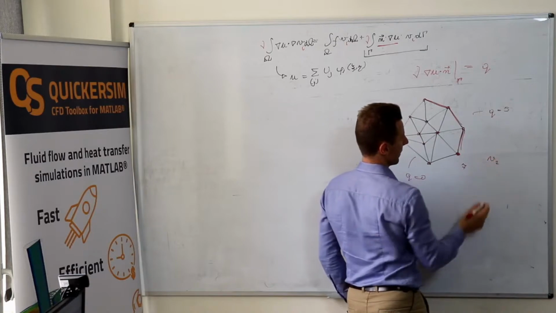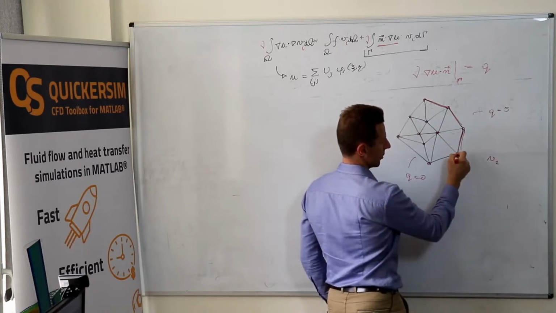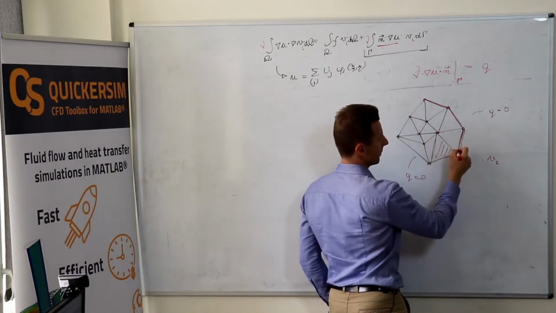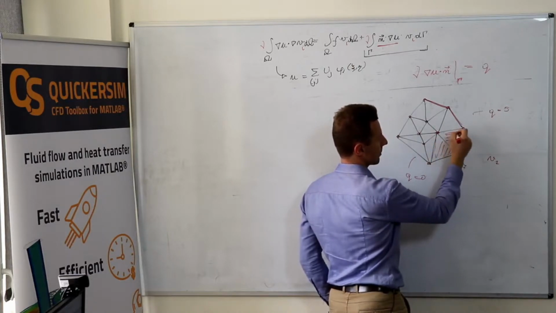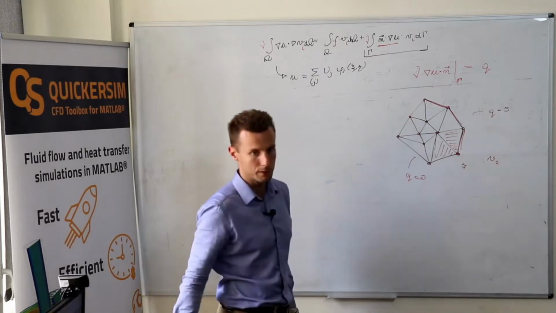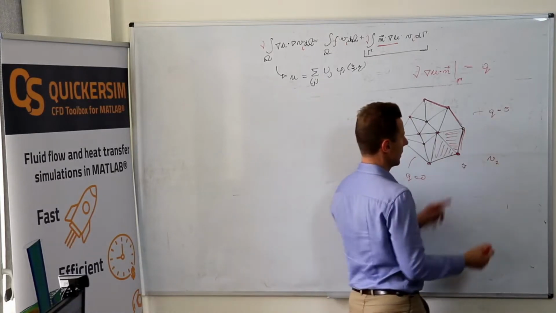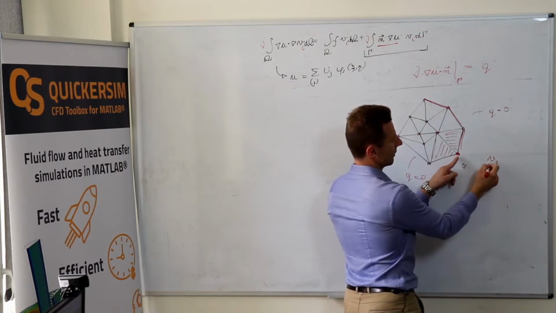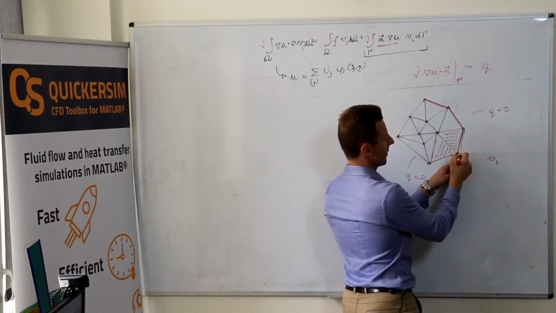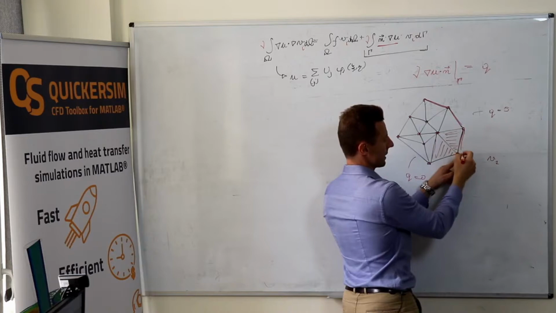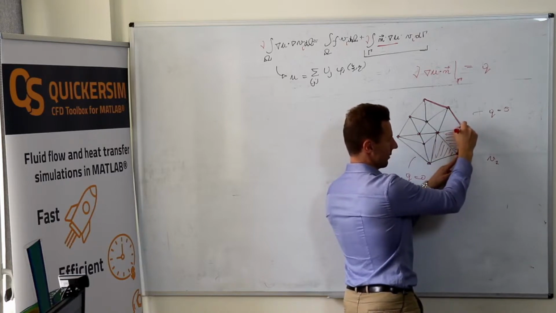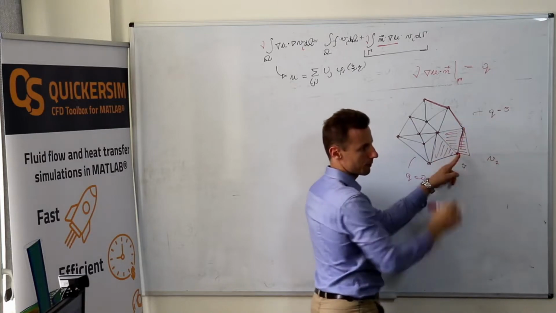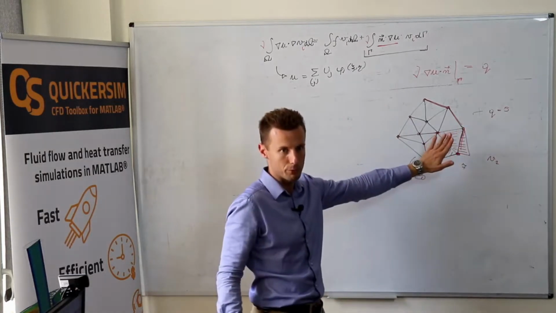The V7 has a value of 1 here, and it drops to 0 here and here. So if you plot your V7 function along this edge, it's a linear function from 1 to 0 at the boundary.